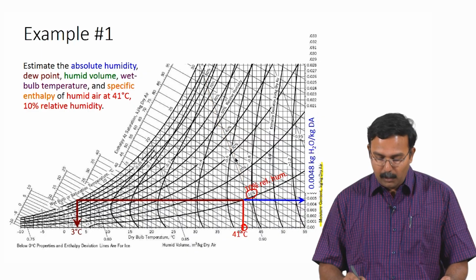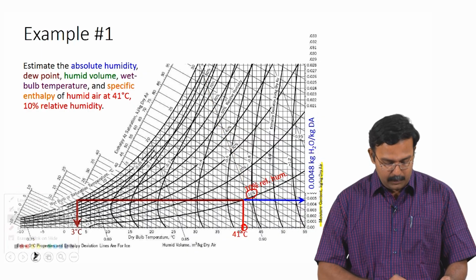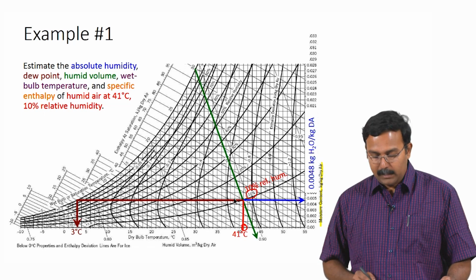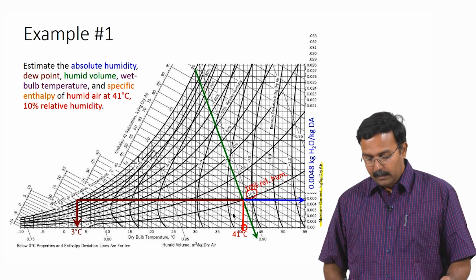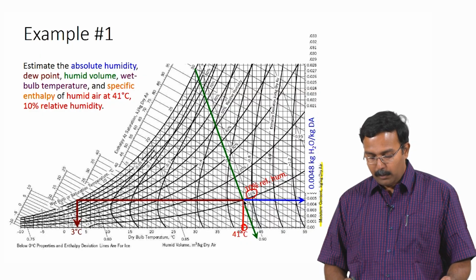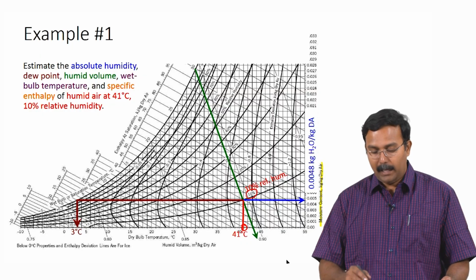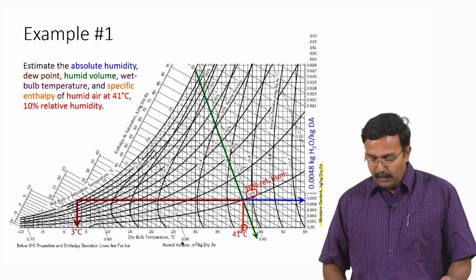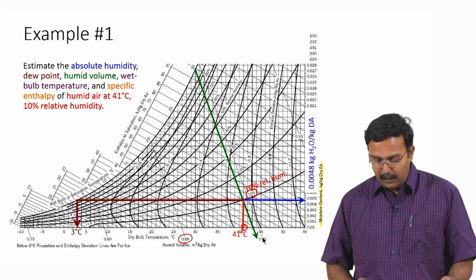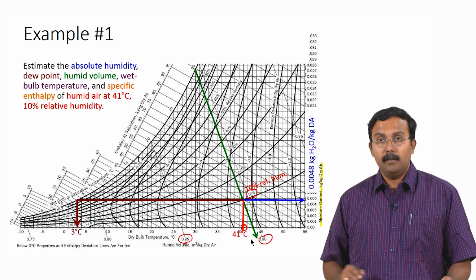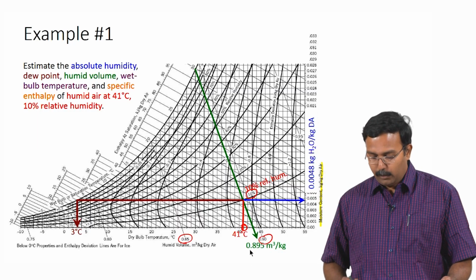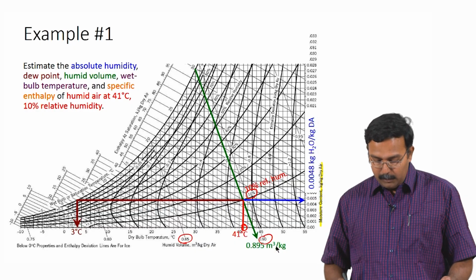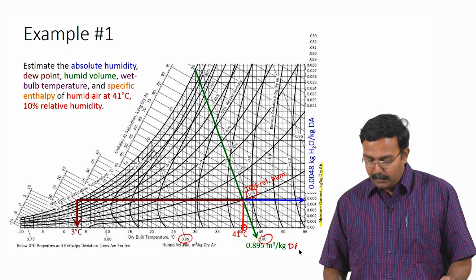We need to draw a line through this point, parallel to this axis, which is what I have done here. This green line has been drawn through the point of interest and it is parallel to the slanting axis for humid volume. This value lies between 0.85 and 0.9, and by interpolation we can identify that to be 0.895 meter cube per kilogram of dry air.